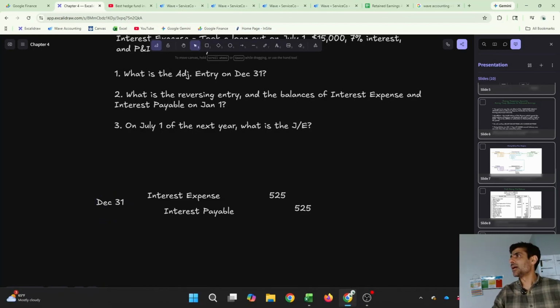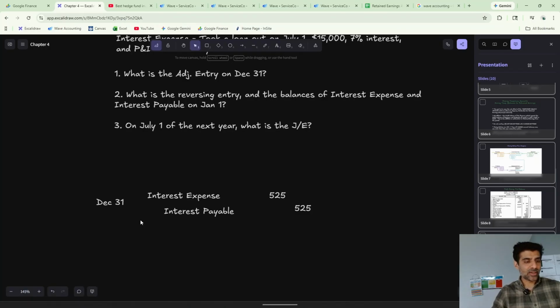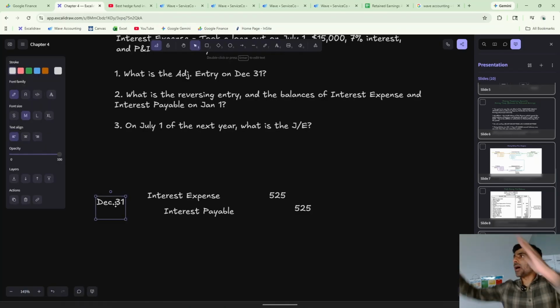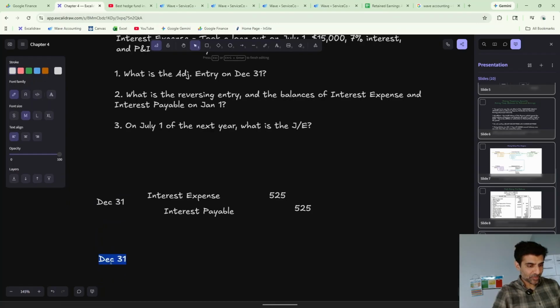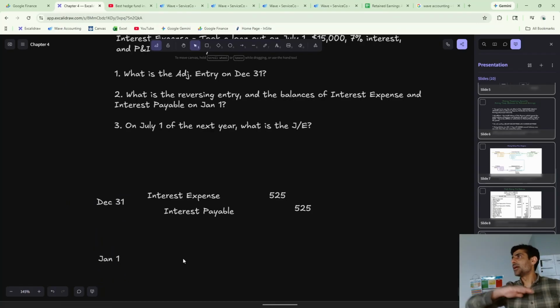Now the second question is asking, okay, so now the cutoff period happens. My income statement and my balance sheet for this year are going to be correct because they include this expense and this liability. Now moving on to the next period, I'm going to reverse this out. On January 1, the next period, I'm in a totally new period of time.